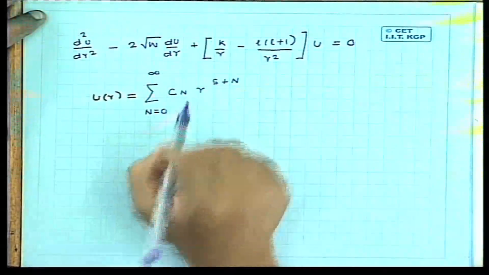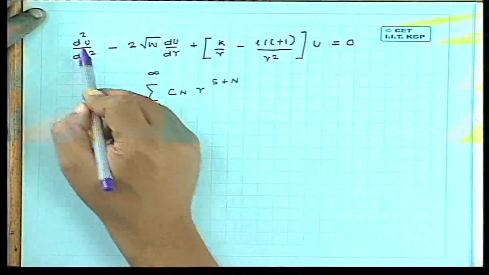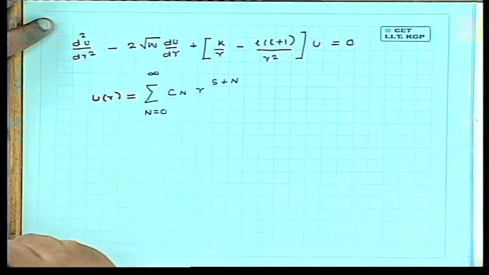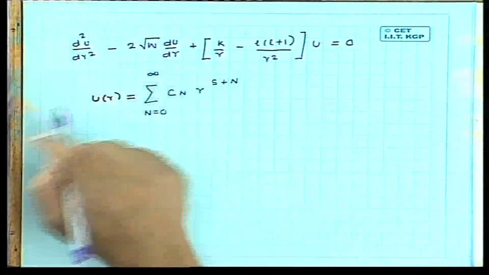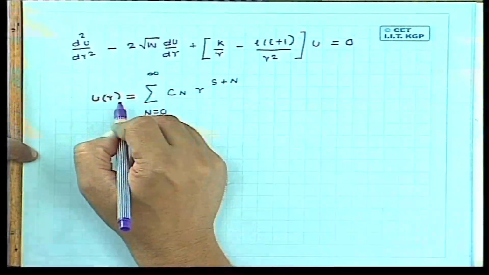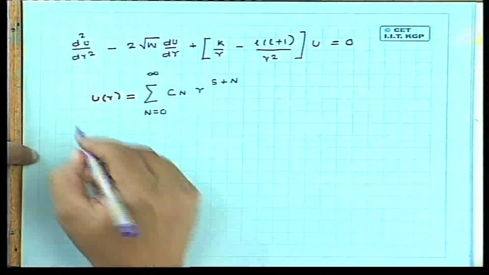So there are two things which we have to do. We proceed by putting this into this equation, working out the derivatives, and then equating them, which will give us some condition for s and some condition for these coefficients c. So let us do it.